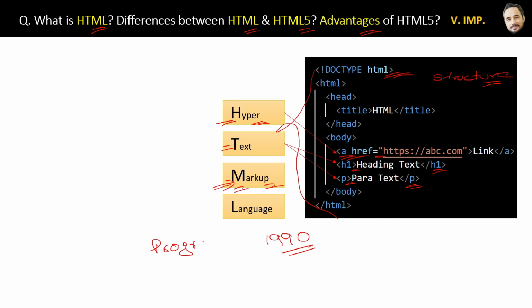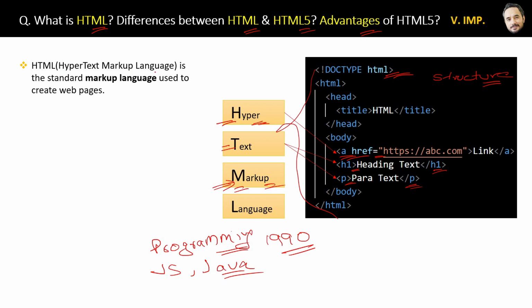A programming language is a language where we define variables and functions to perform some logic or operation, okay? For example, JavaScript, Java, C# are programming languages. But HTML is just a markup language to structure the web page. So finally, what is HTML?